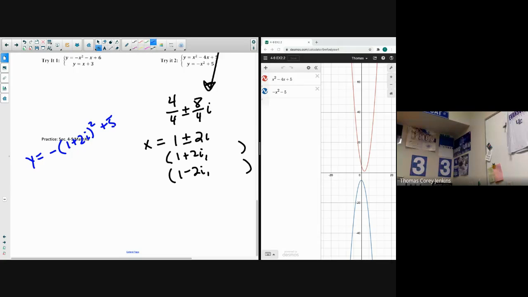So go ahead and multiply this out. Okay, so 1 plus 2i squared. Let's go ahead and see what that looks like. There is a shortcut here, but I'm going to multiply it out real quick. That would give me 1 plus 2i plus 2i plus 4i squared. So altogether, 1 minus 4 is -3.